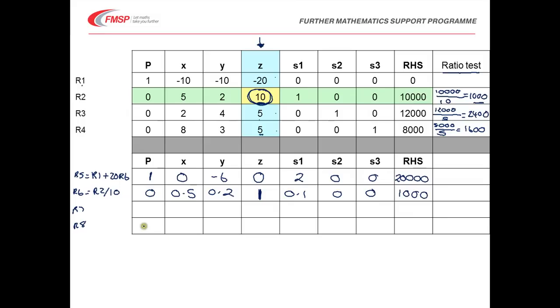So the profit's gone up, which is as it should be, from 0 to 20,000. To get row 7 here, then we're going to take our old row 3 and we're going to subtract 5 lots of row 6, and that will give us this.